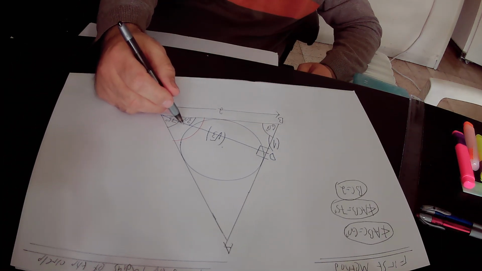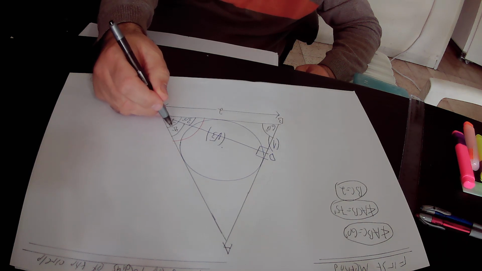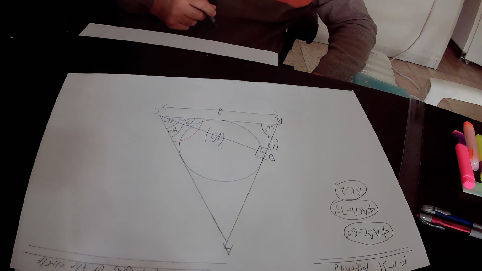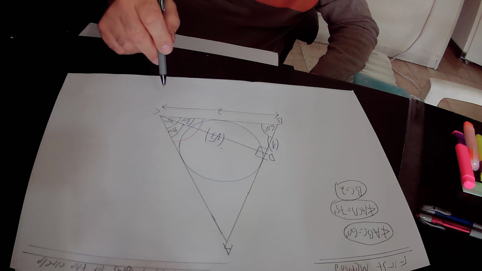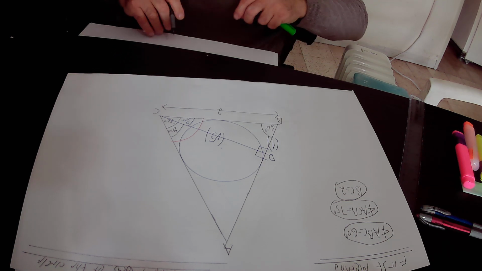In the next step, I will copy the right triangle ADC in a new page and we'll analyze this right triangle ADC.